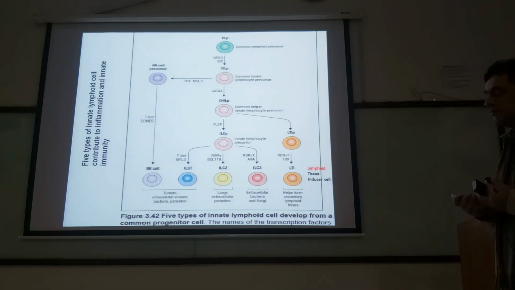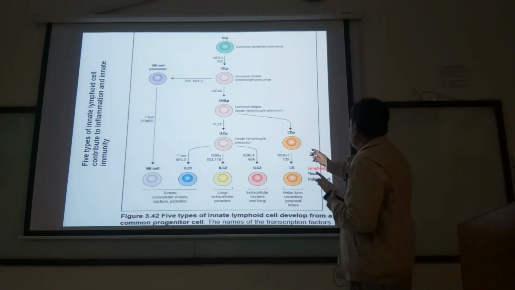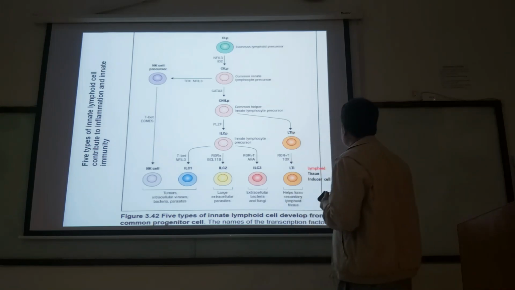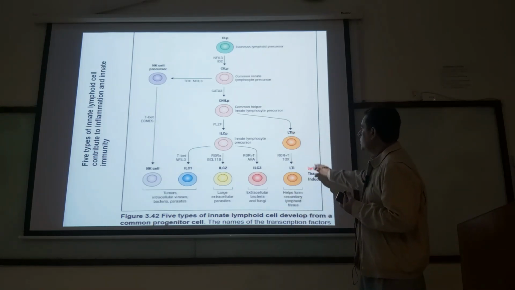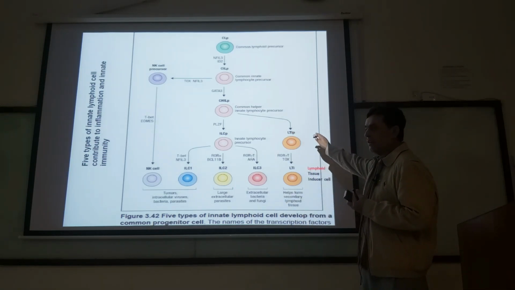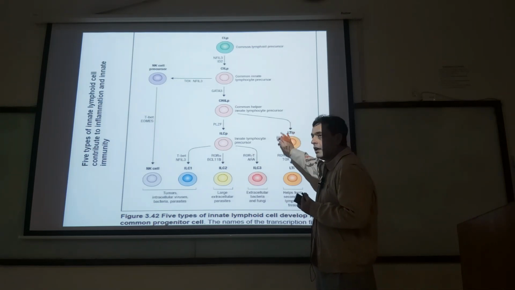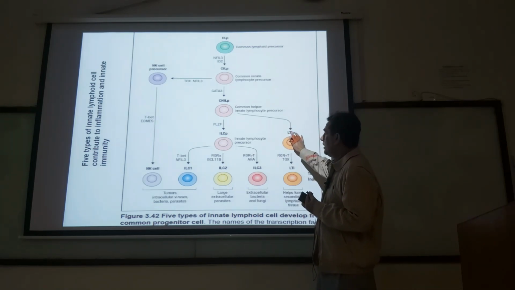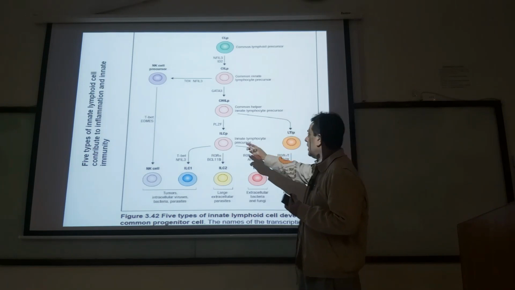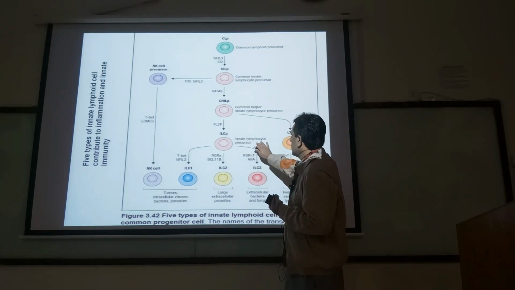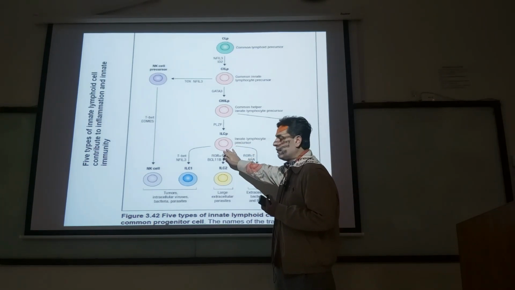Okay? This is LTIP, this is lymphoid tissue inducer precursor cell. This is an innate lymphoid cell. Okay? And this one is innate lymphocyte precursor.